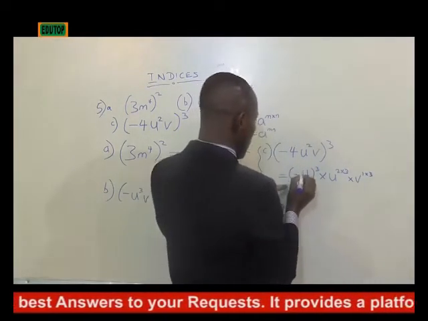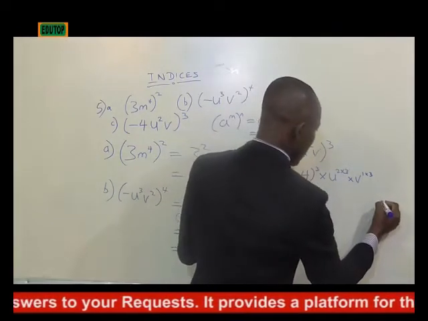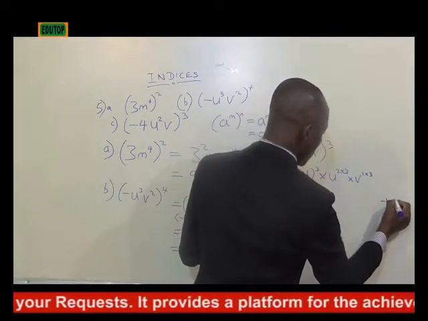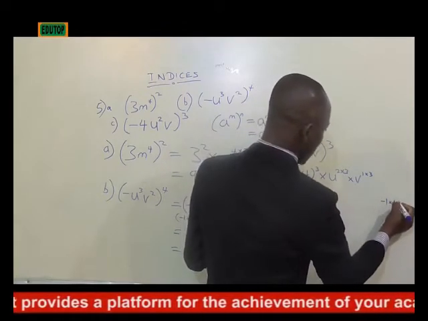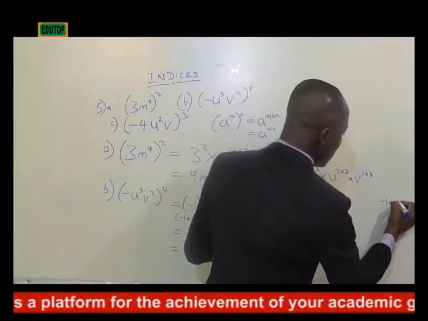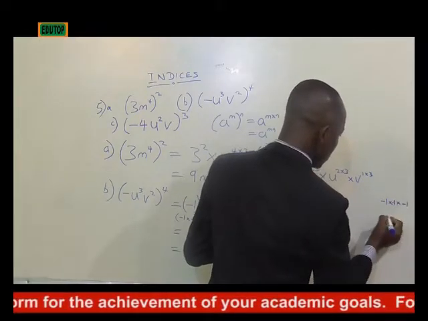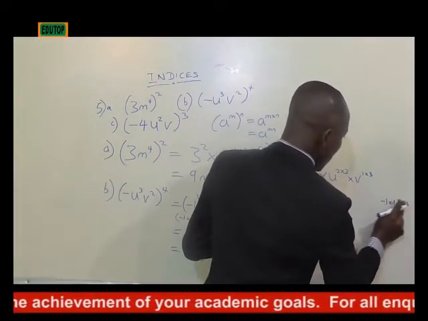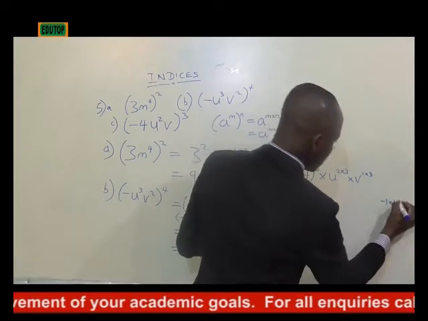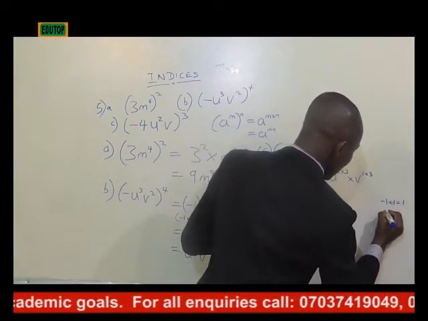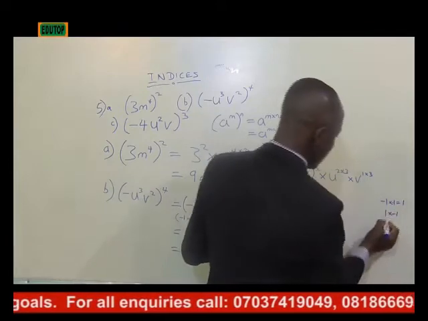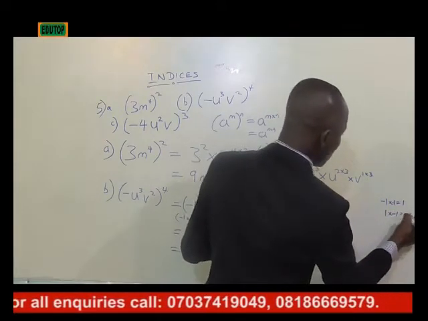So what we have here is just like this. Minus 1 times minus 1 will give us plus 1, times minus 1. The first one is equal to 1. Now, when we have 1 times minus 1, the third time, we have minus 1.